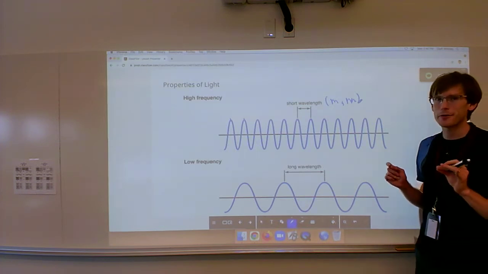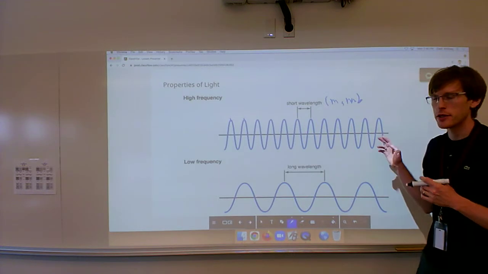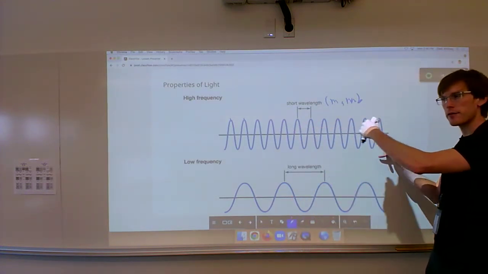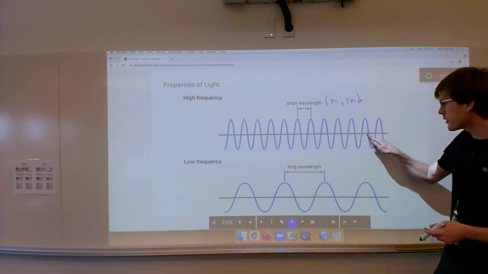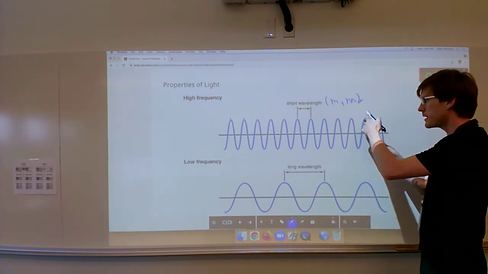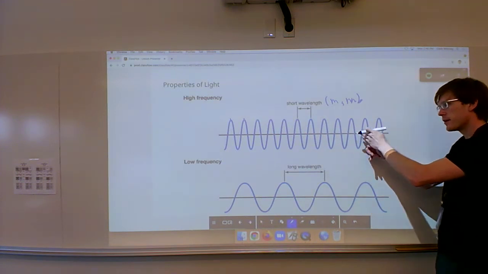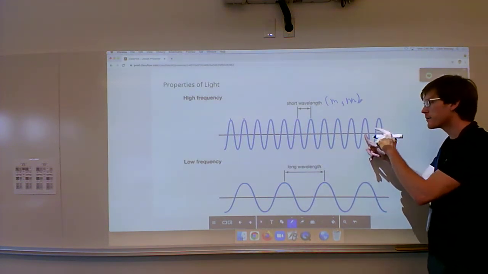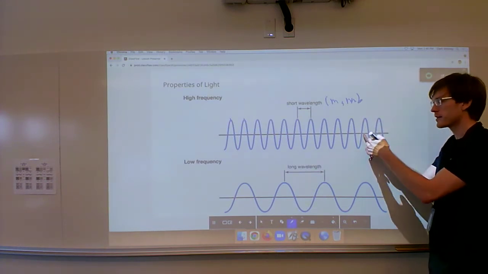Now, what is frequency? Frequency is a little bit harder to wrap your head around, I think. Right now, this is like a still image, but you might imagine a wave kind of propagating through space, moving along. And so if I just put my finger right here, there's a peak right above it. Okay, so if this wave is propagating along, frequency is essentially how many times does a peak pass by this point per second.